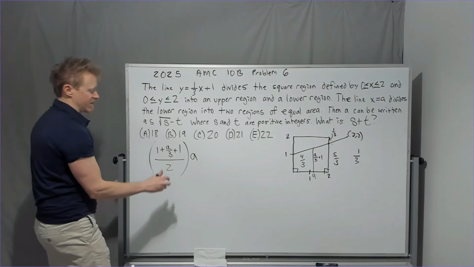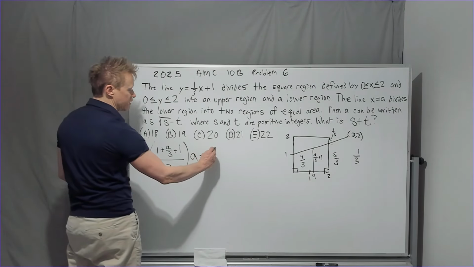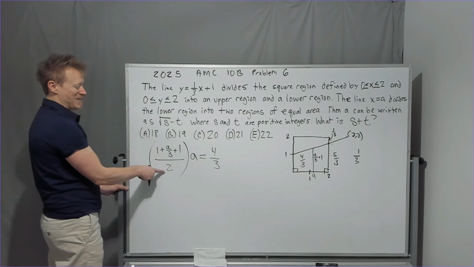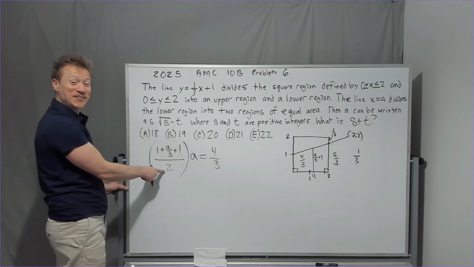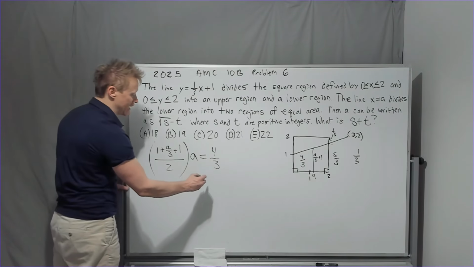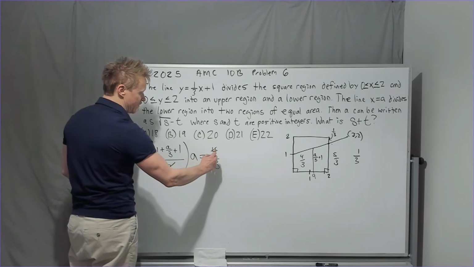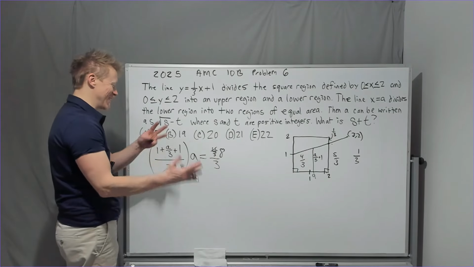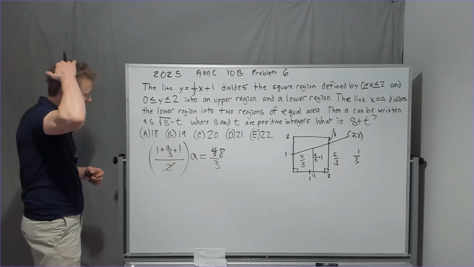And so the next thing that you're going to do is set that equal to 4 over 3. Now for me, we're going to multiply by 2 to get rid of it. So I'm going to get rid of this and put 8 instead. It's like we're going back and forth multiplying and dividing by 2 in this problem.